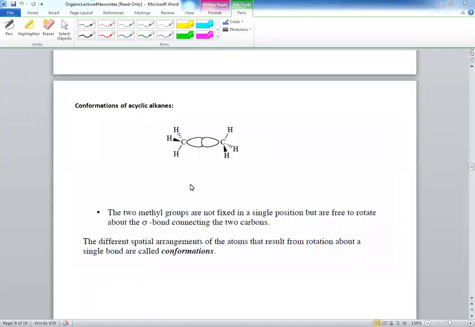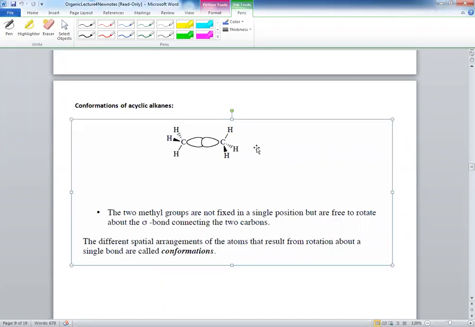Conformations of acyclic alkanes. So we know already that this bond right here between the two carbons in ethane, CH3CH3, is a sigma bond.